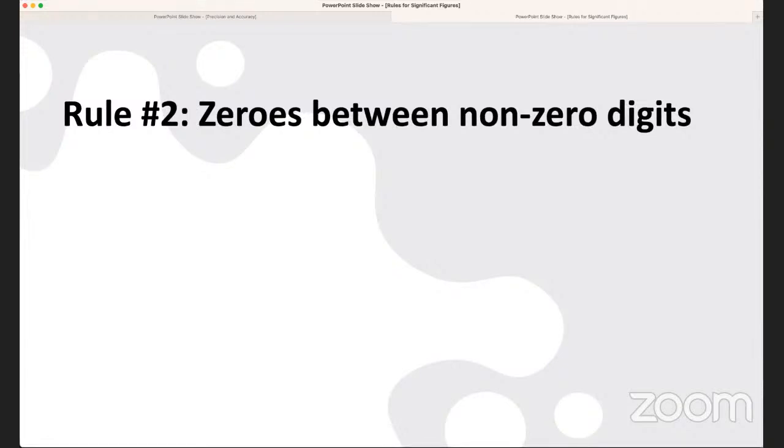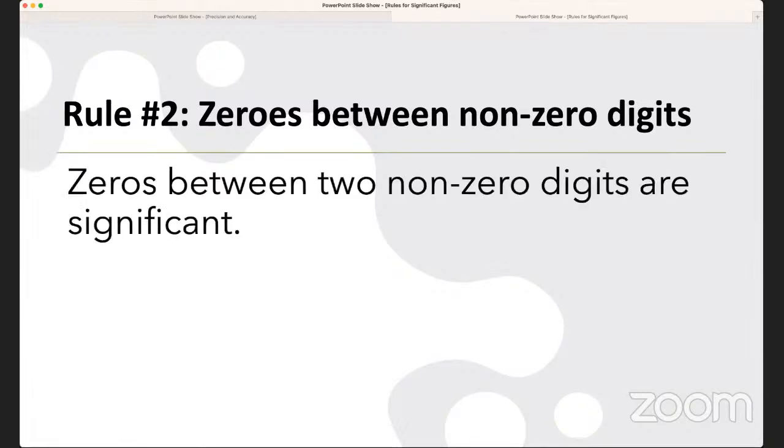Rule number two, zeros between non-zero digits. Again, this is simple. All zeros between two non-zero digits are significant.